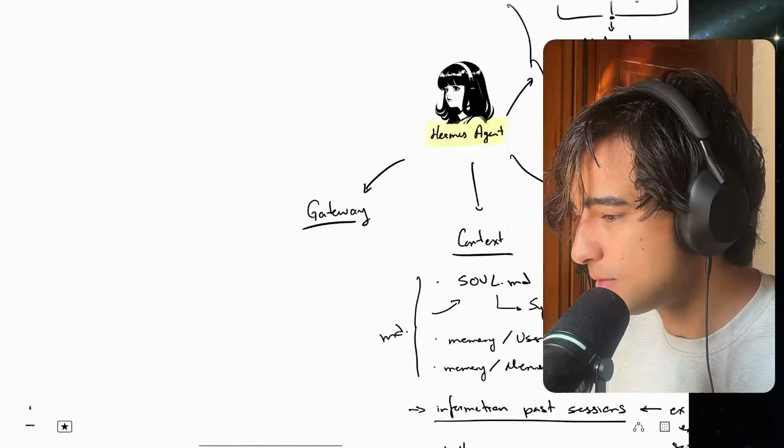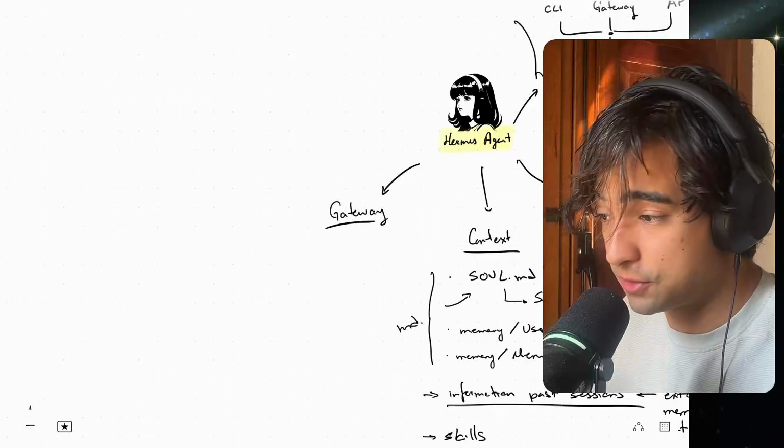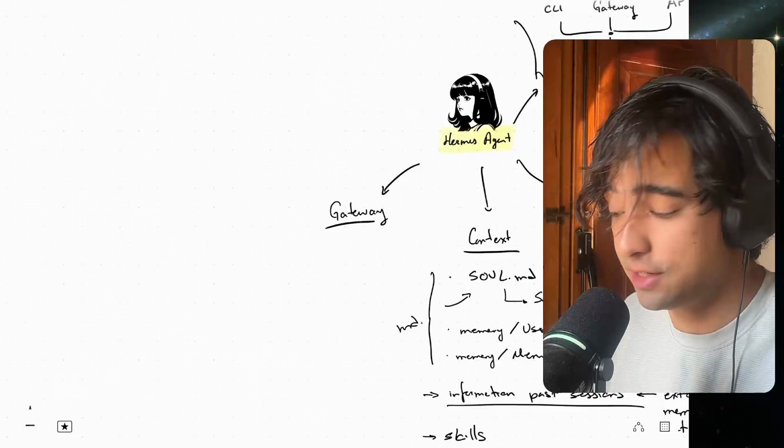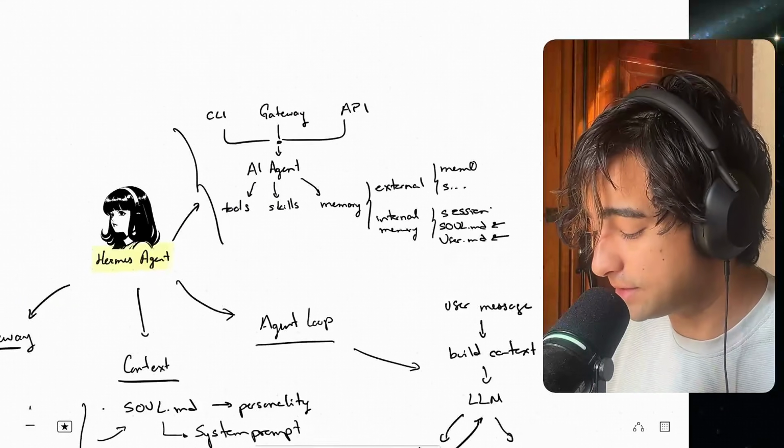Okay. So what is this gateway? I was telling you, it is this system that allows you to talk to your agent through different message providers.